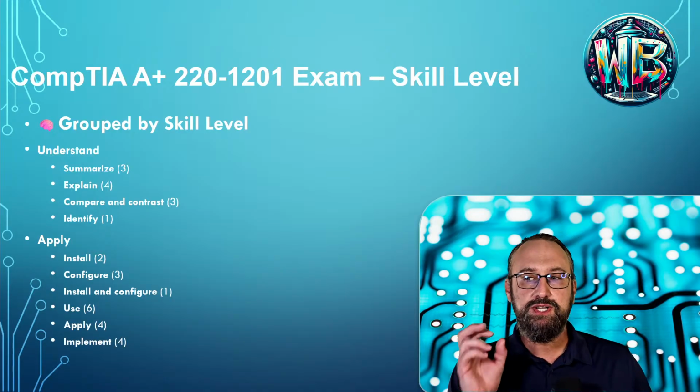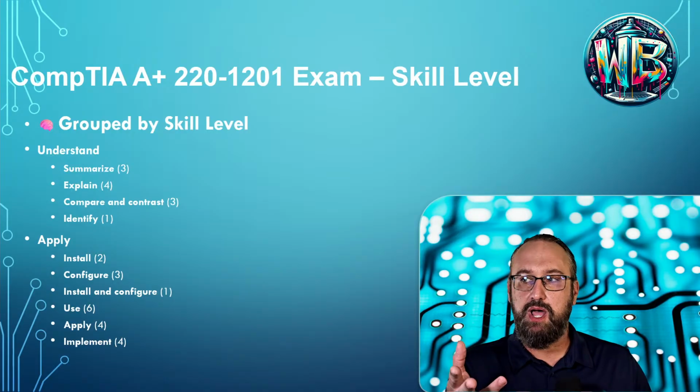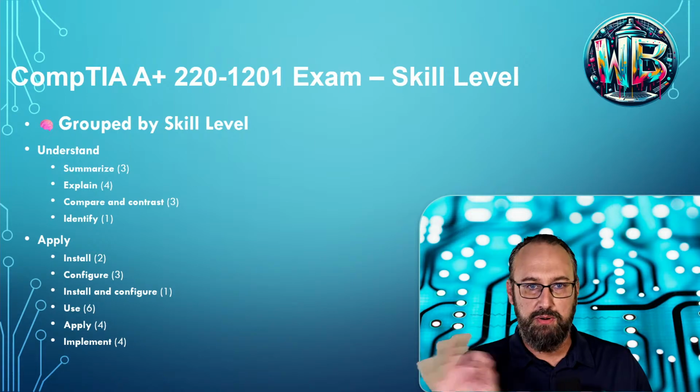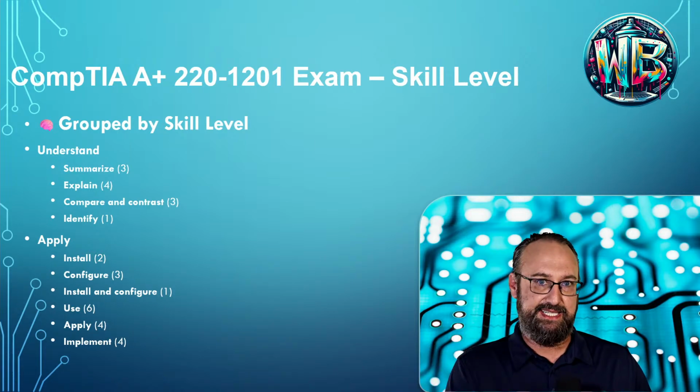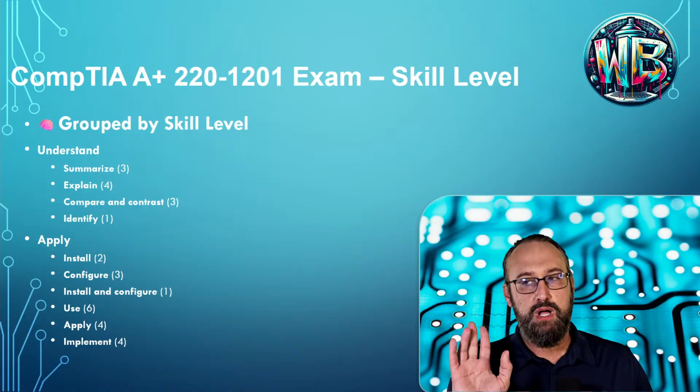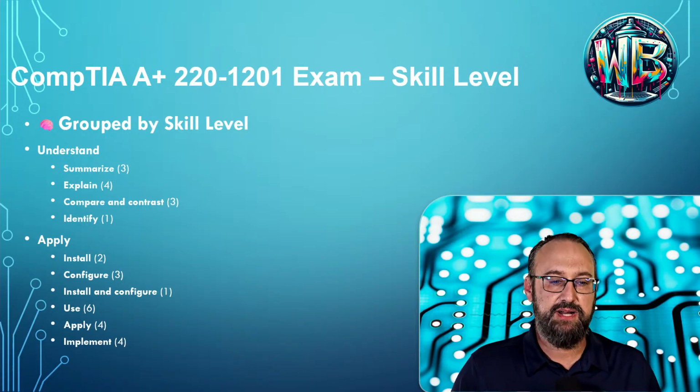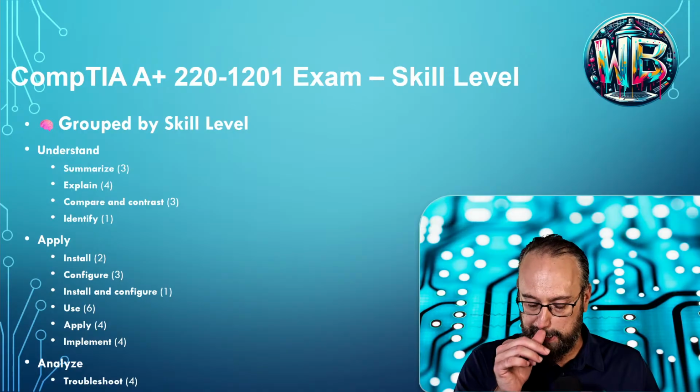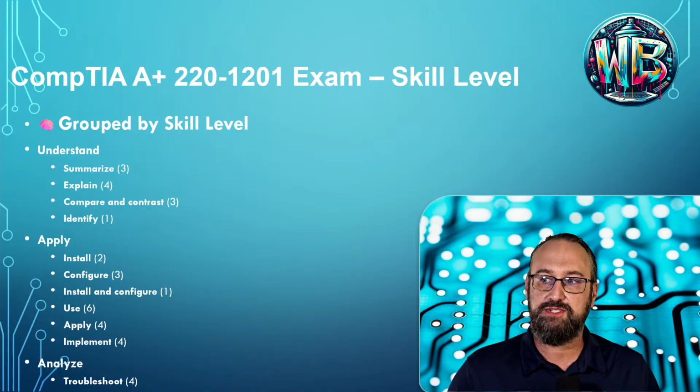So notice that under apply, we've got 6 different skill levels for that one versus the 4 that we see in understand. And then analyze has troubleshoot, and troubleshoot is 4 times that we see this.